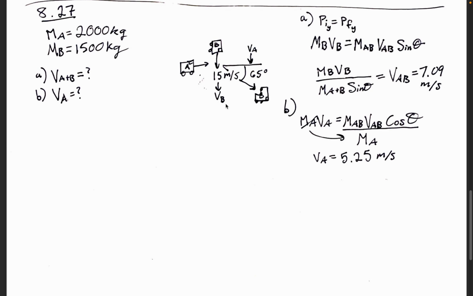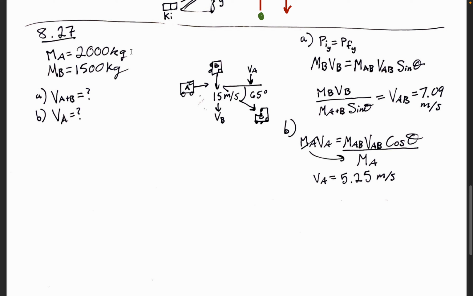So our final problem is 8.27, which is two cars collide at an intersection. Car A, with mass 2,000 kilograms, is going from west to east, while car B, with mass 1,500 kilograms, is going from north to south at 15 meters per second.